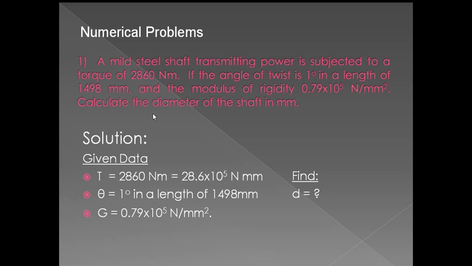So the torque equal to 2860 Newton meter, that is 28.6 into 10 to the power of 5 Newton mm. Theta is 1 degree in length of 1498 mm. G is 0.79 into 10 to the power of 5 Newton per mm square.